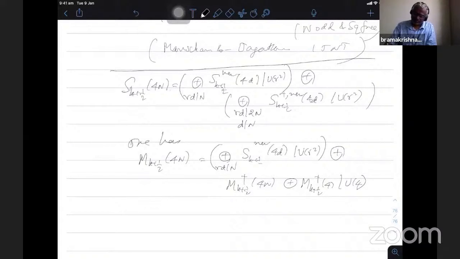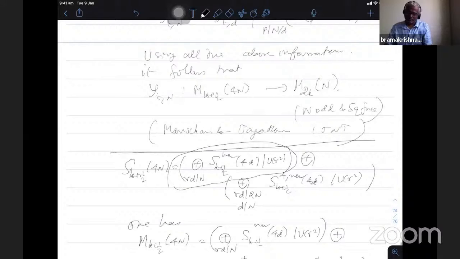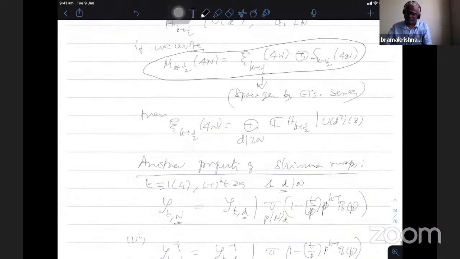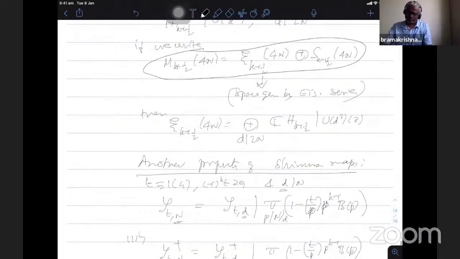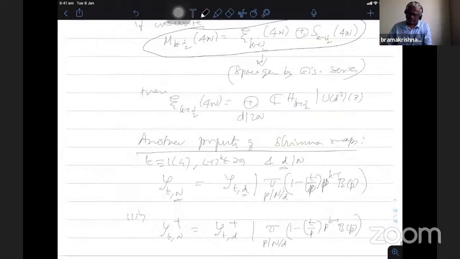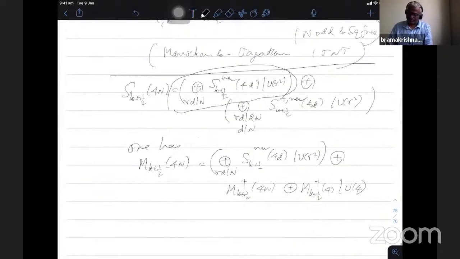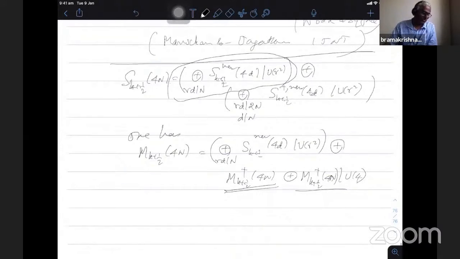Therefore I single out this one, new forms coming from outside the plus space. Now when you go back to the full space, I have the Eisenstein series. They are also coming from the lower levels of plus space and the duplication. Therefore combining this and the plus decomposition, it turns out that they are exactly the modular forms in the plus space of level 4n and level 4n bar u. Okay, so this is the decomposition which we will use.